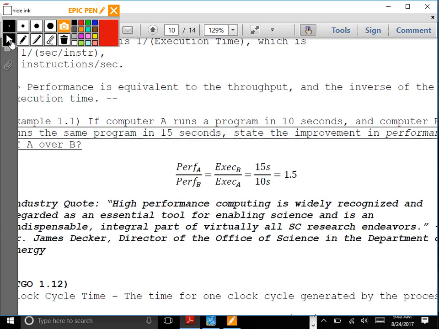So this just means that it's 1 over execution time of A over 1 over execution time of B, which we simplify to execution time of B over the execution time of A. So we know in the problem that execution time of B is 15 seconds, execution time of A is 10 seconds. That means we have an improvement of 1.5.